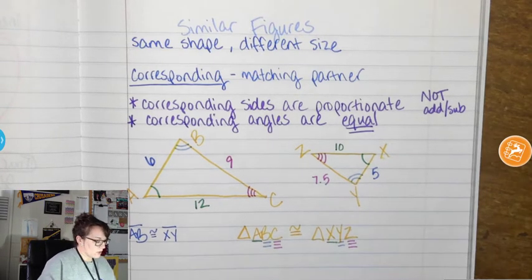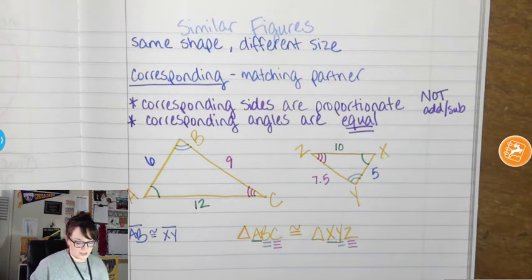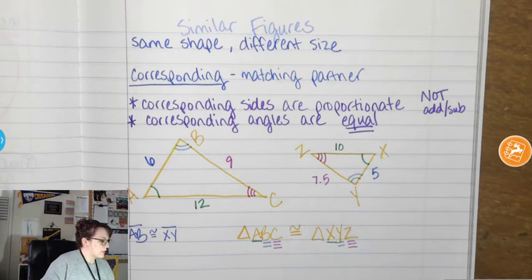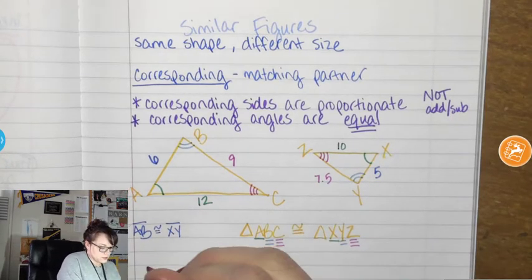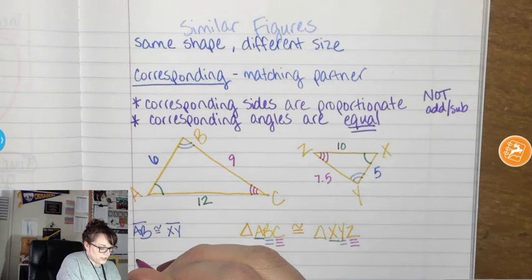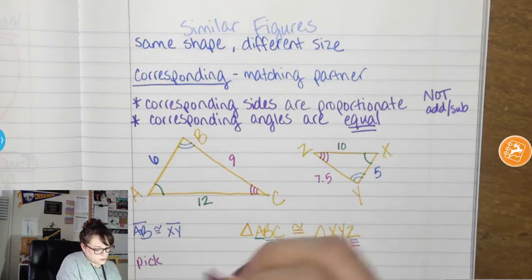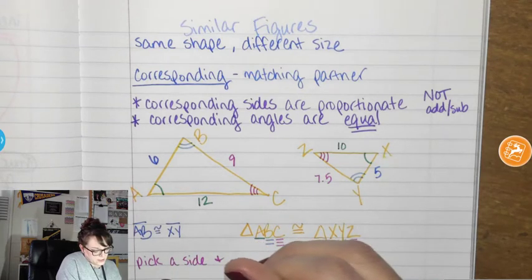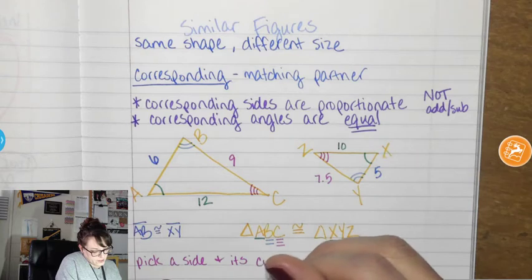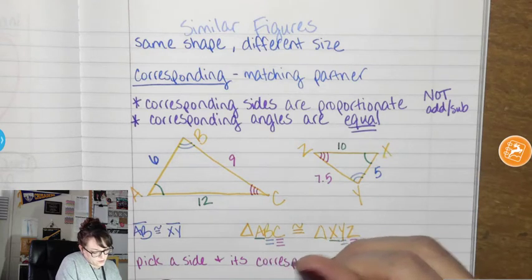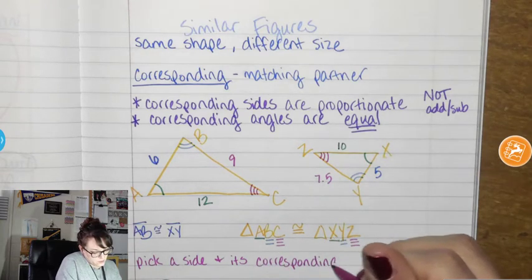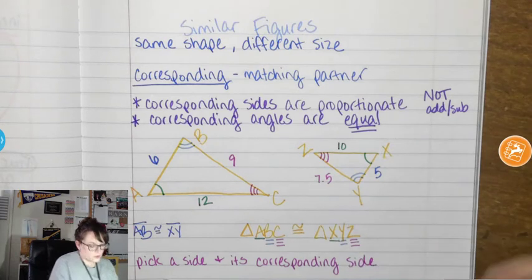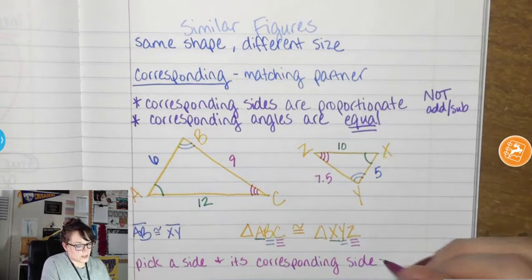Okay? So, here's how we check similarity. Your whole task today is to test whether these two things are similar. So, you are going to pick a side and its corresponding side, and write them as a ratio.